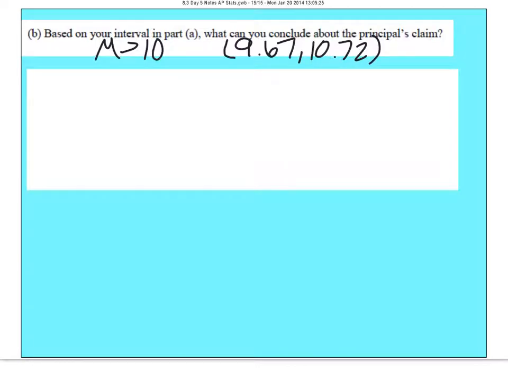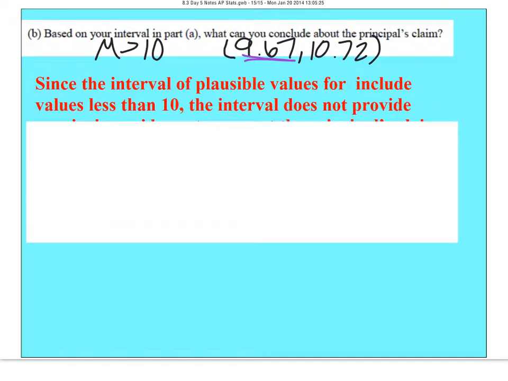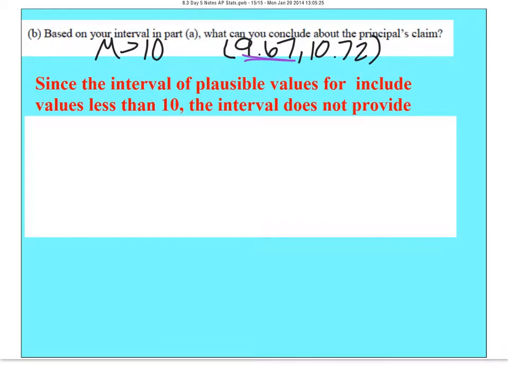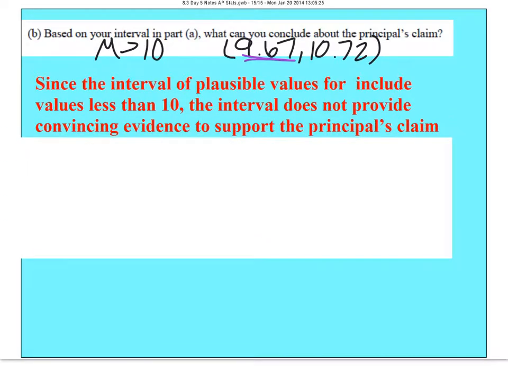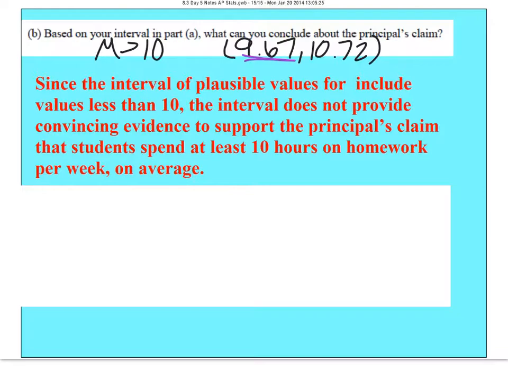Look at the interval itself. This interval actually has values that are less than 10 that go all the way down to 9.67. So because of that, we must say, since the interval of plausible values includes values less than 10, the interval does not provide convincing evidence to support the principal's claim that the students spend at least 10 hours on homework per week on average.